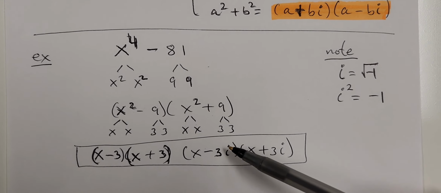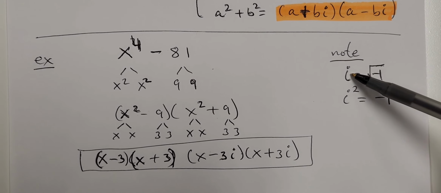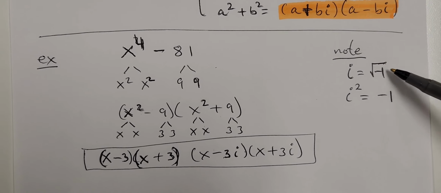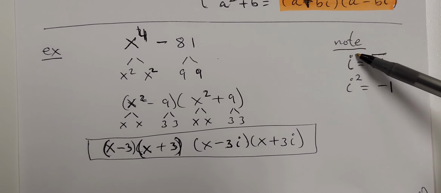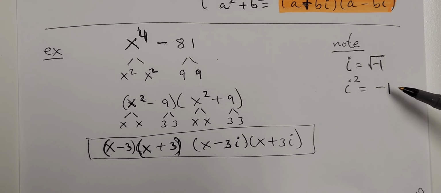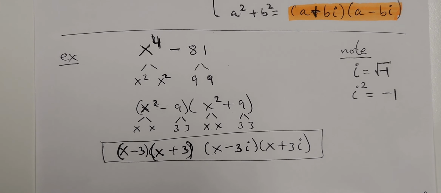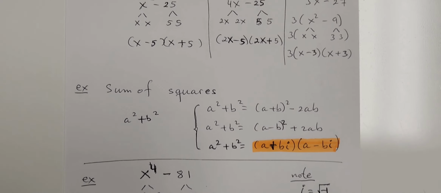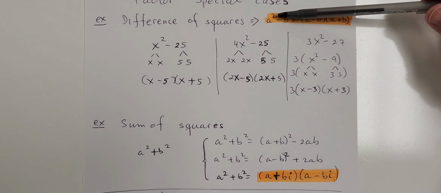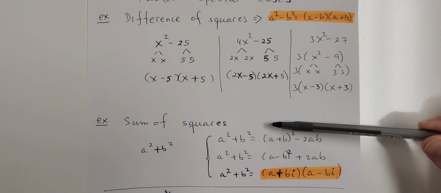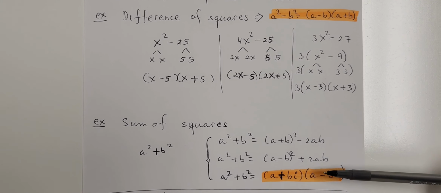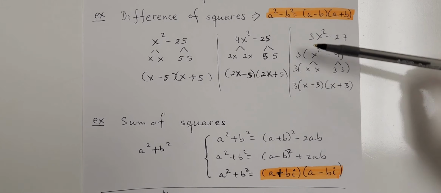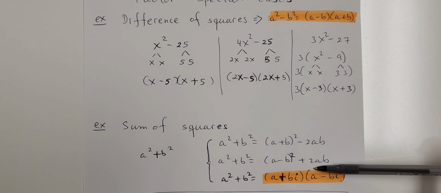So again, what is i? i is the square root of negative 1. But if we square this i, i squared, it will become minus 1. So be very careful. Again, difference of squares and sum of squares. If you look at the formula here and also this one, it is the same format.